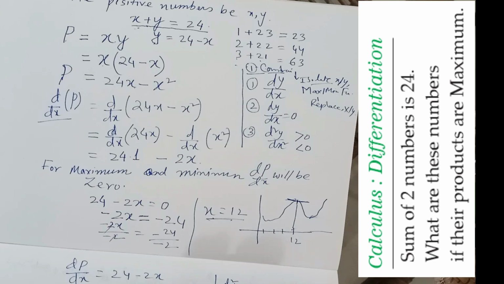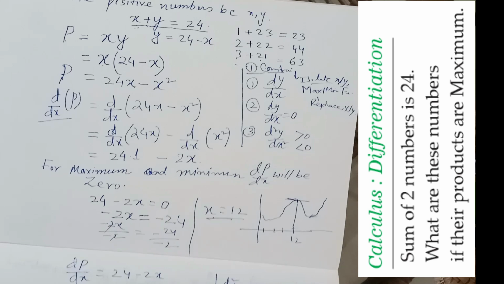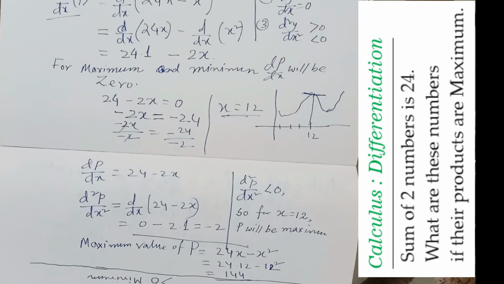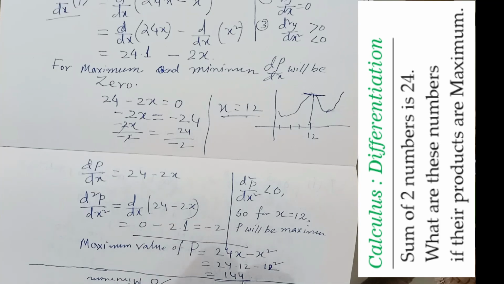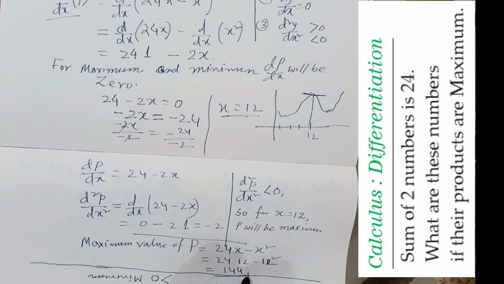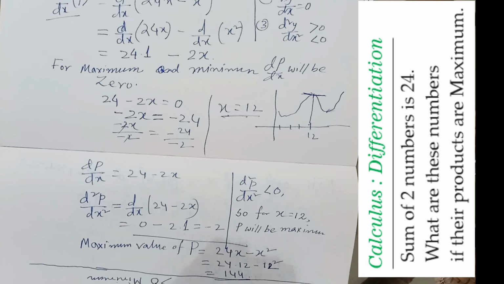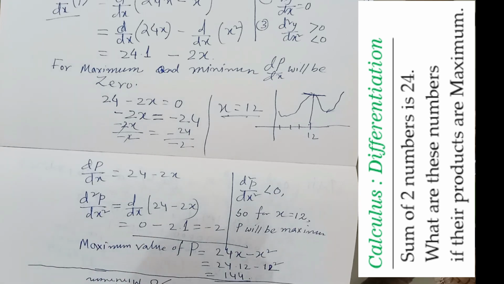And what is the maximum value? To get the maximum value, always take the function and replace the value of x there, and we got 144 after replacing. This is the total process.